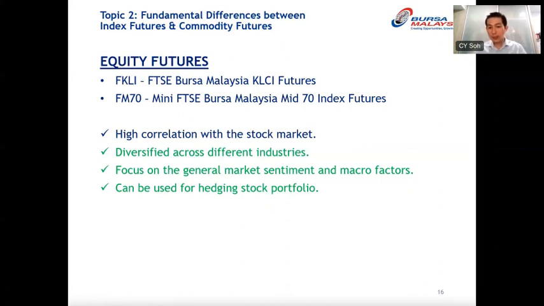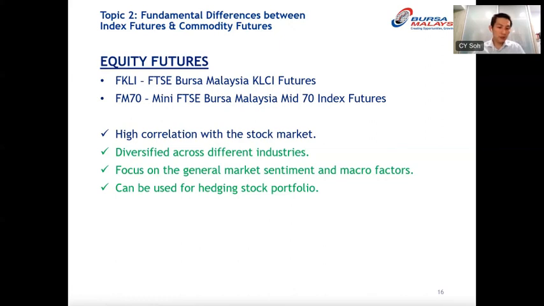For equity futures, we have two popular products, which are the FKLI and FM70. Both of them follow the underlying index. The FTSE Bursa Malaysia KLCI derives its value from the top 30 market cap stocks, so it's highly correlated with the stock market.